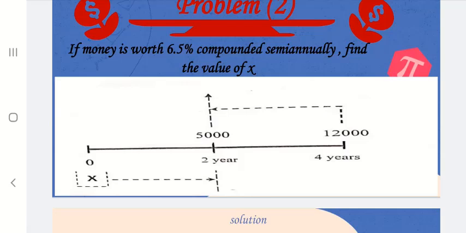So the main formula here equals $5,000 plus the present value of $12,000 equals the amount for X. In other words, S1 plus PV2 equals S_n.